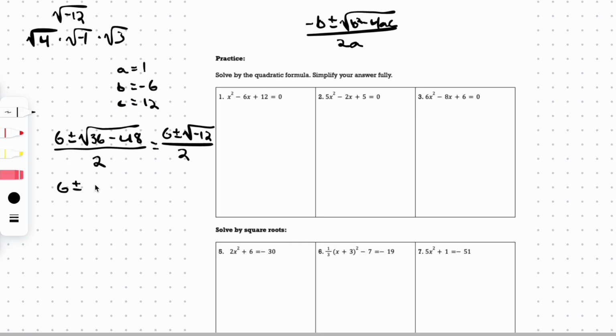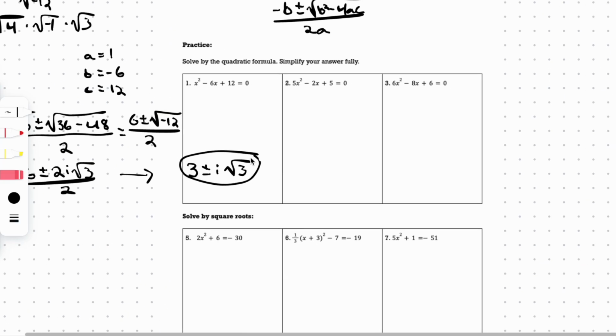Square root of 4 is 2. We have that i from here. Then we still have that root 3 all over 2. So it's eventually going to simplify when we divide by 2 to 3 plus or minus i root 3. Okay, great. And you just use that same exact strategy for each of these two.